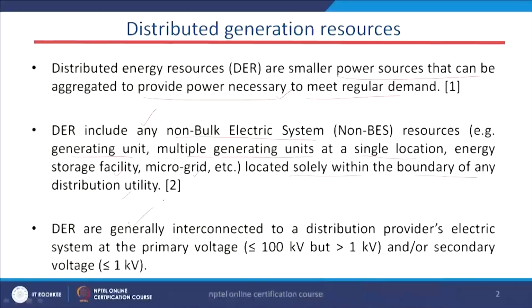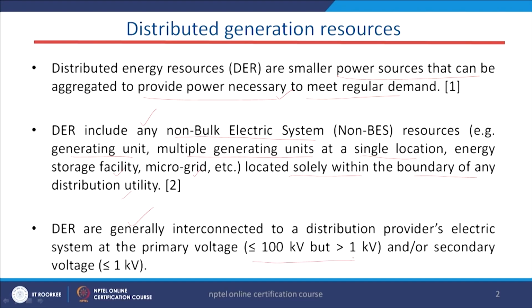So, those energy resources are basically renewable sources, and also we have storage devices. Together we call them distributed energy resources. And this DER is generally interconnected to a distribution system in the voltage range of 1 kilovolt to 100 kilovolt.